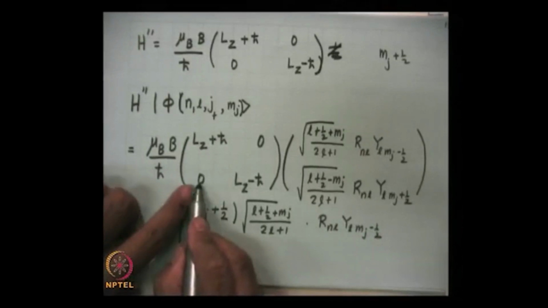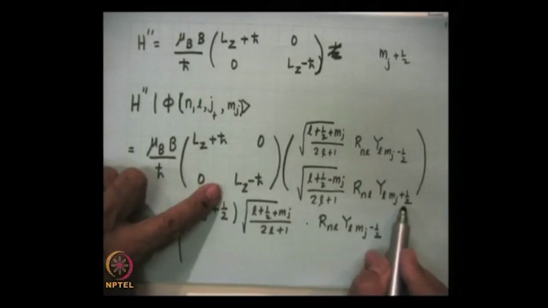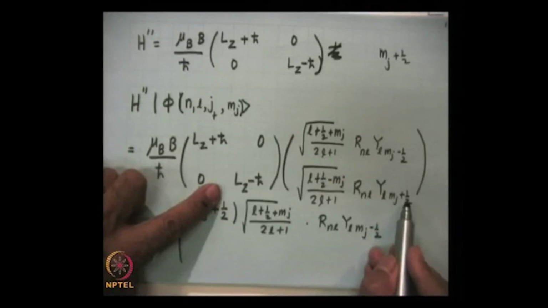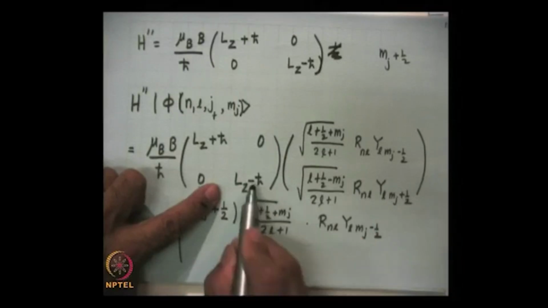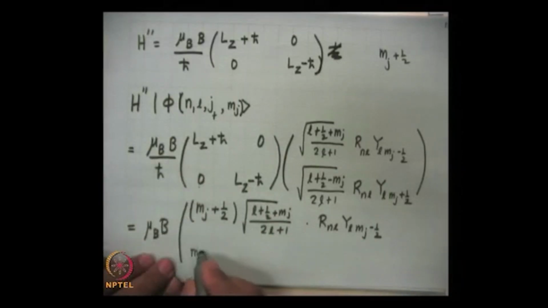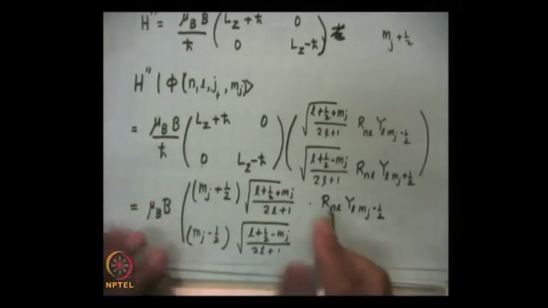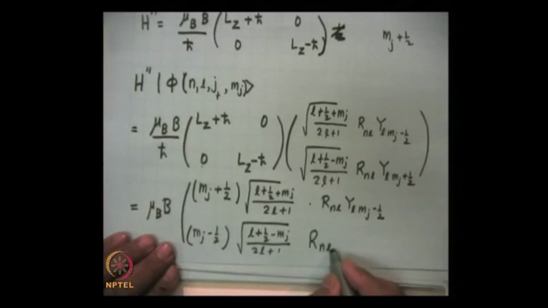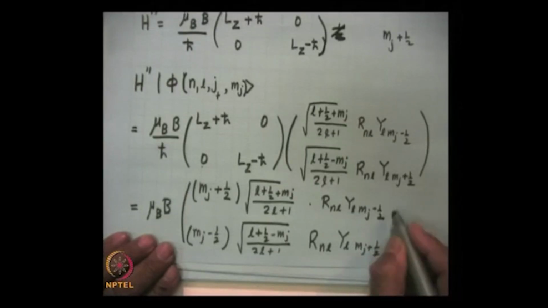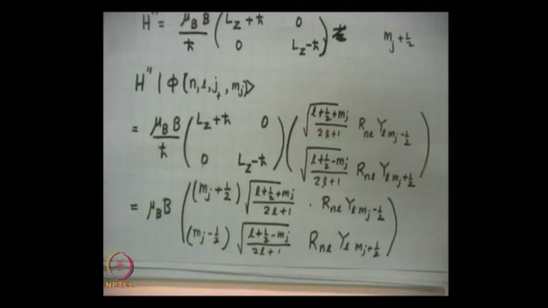Then 0 times this is 0, Lz minus h cross, that is mj plus half h cross minus h cross. So, therefore, this is mj minus a half multiplied by L plus half. If you do not do it yourself, you will never be able to understand. So, I would request all of you to work this out yourself, and you will find it so interesting. It is just a question of patience.